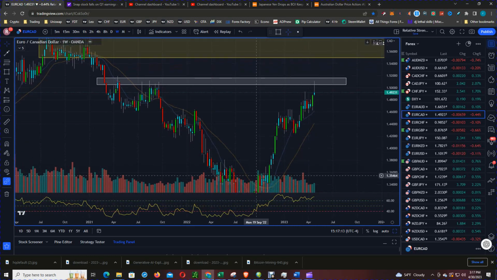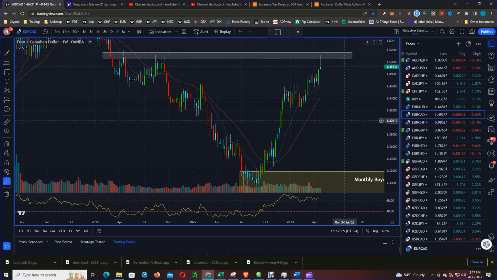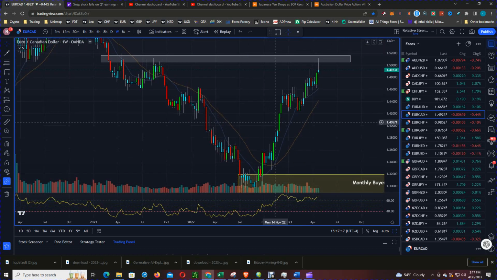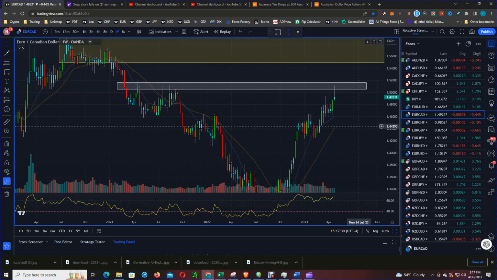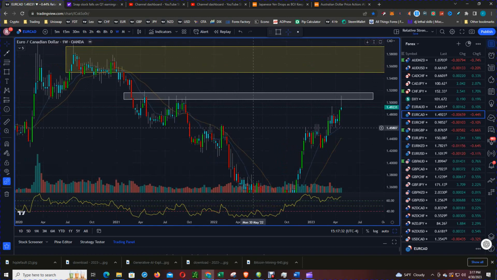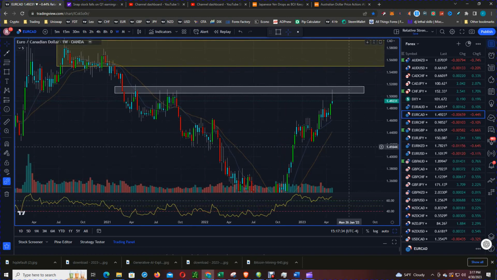However, the trend is still up, and you can just look at your moving averages. In this case, I have a 13 and 26 moving average, and you can see that price is respecting the 13 moving average right now. So we're looking for entries to go long.